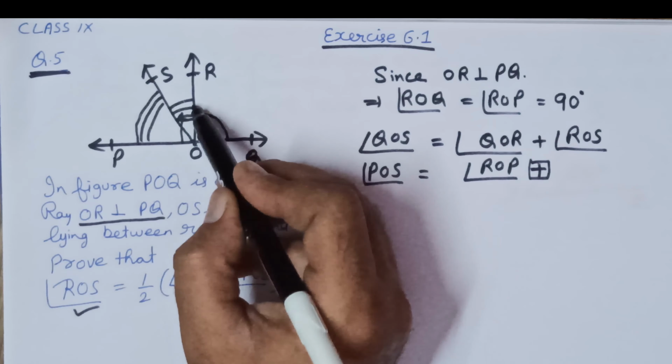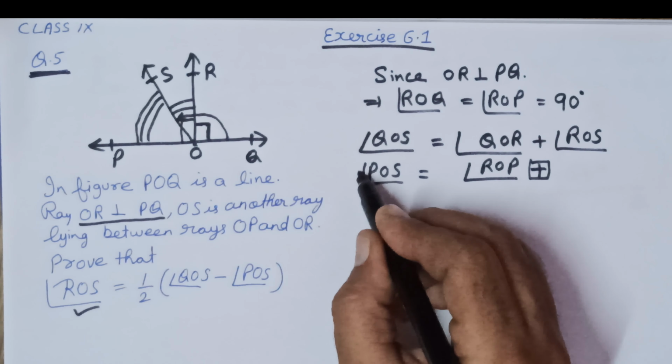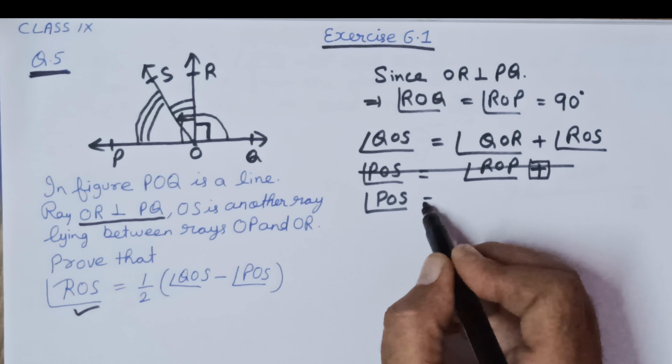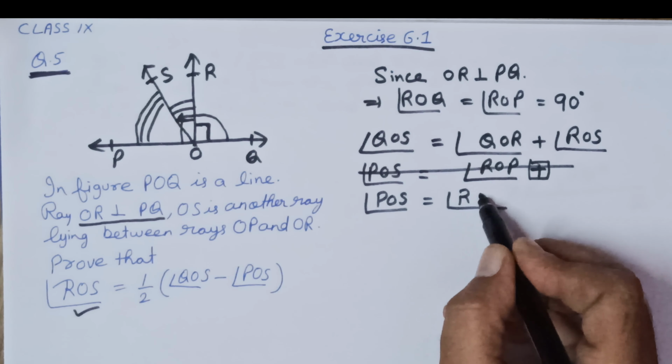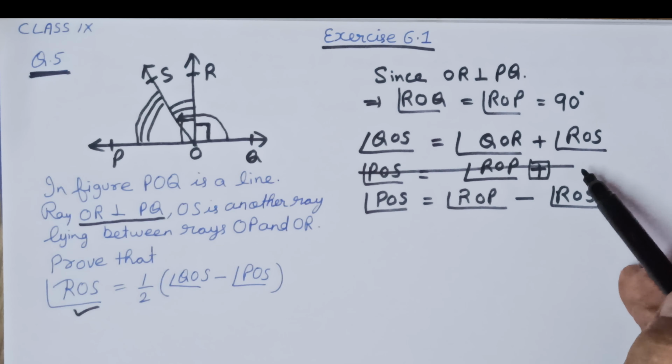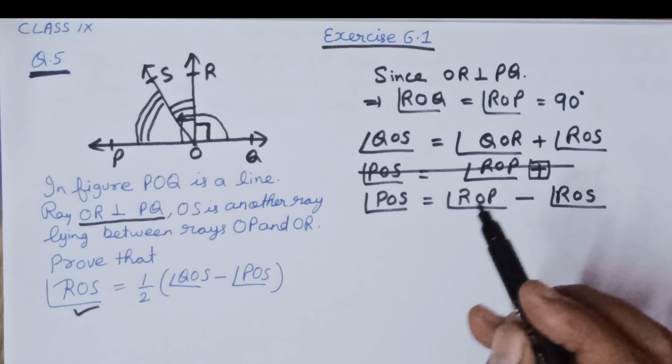So let me rewrite it to avoid chance of confusion. ROP minus ROS. I had already dictated, so both angles are to be written in form of ROS because we require ROS.